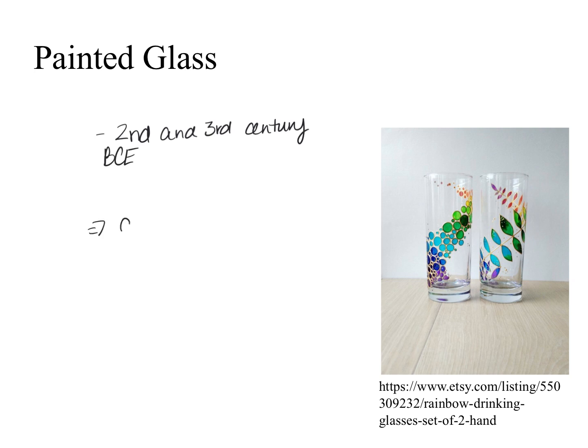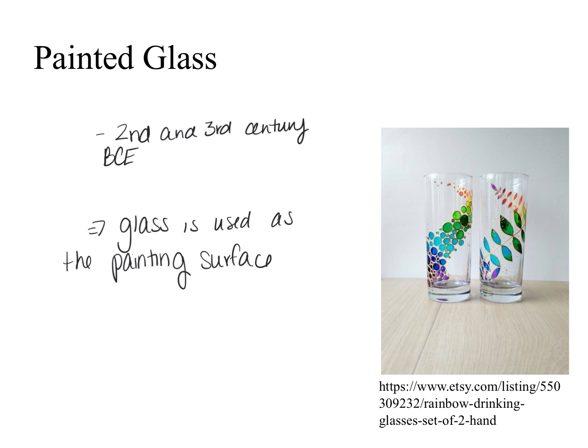And basically, all that's used is glass is used as the painting surface. And so I looked for painted glass. I found these 2 pieces of rainbow glass on Etsy. This is something that is still really commonly done.